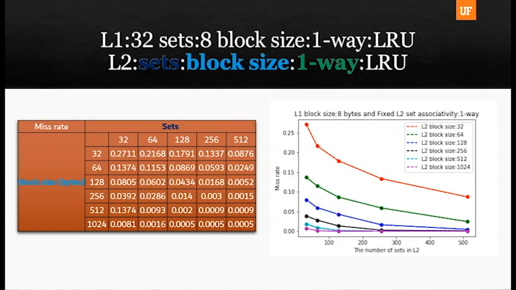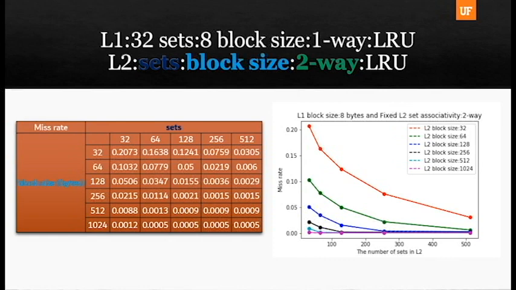These two figures are based on the simulation results. For example, the level 1 cache is 32 sets, 8 bytes block size, one way, least recently used, and we show how block size and cache sets can affect the miss rate of the one-way level 2 cache.